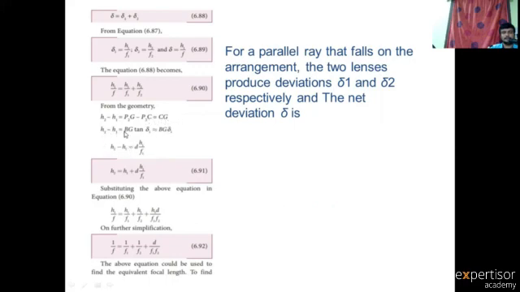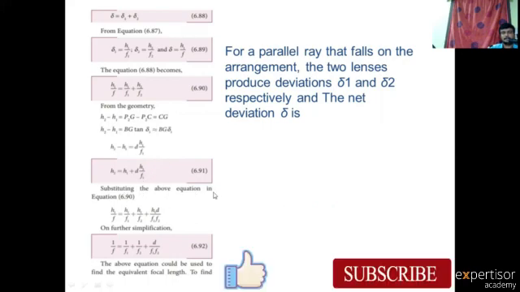So h2 minus h1 is equal to bg tan delta 1, that is approximately equal to bc delta 1. So h2 minus h1 is equal to d into h1 by f1. So here h2 is equal to h1 plus d into h1 by f1.